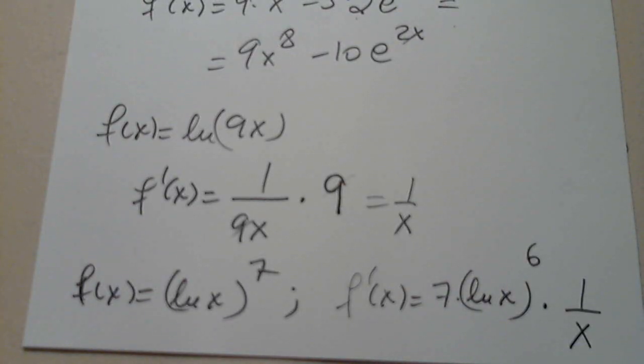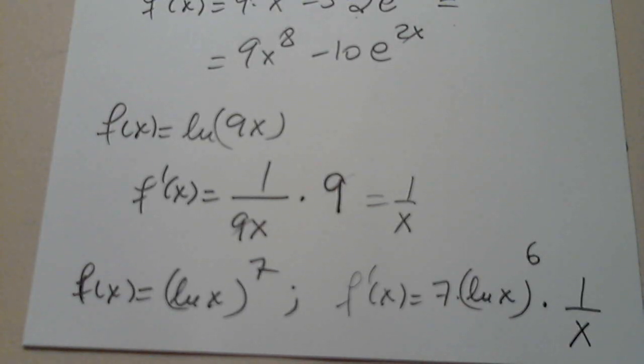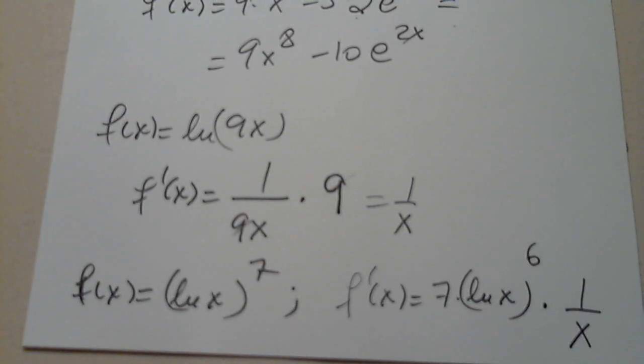So we bring down 7, we subtract 1 from the power, but we can never ever forget times the inner function prime. You have to get used to saying that in your head, times the inner function prime.